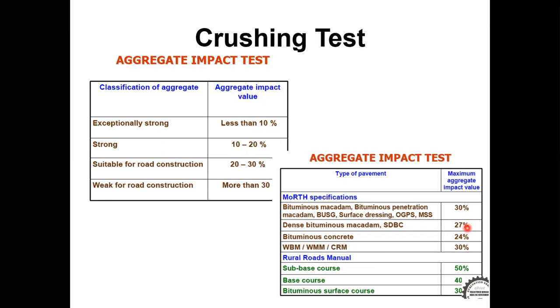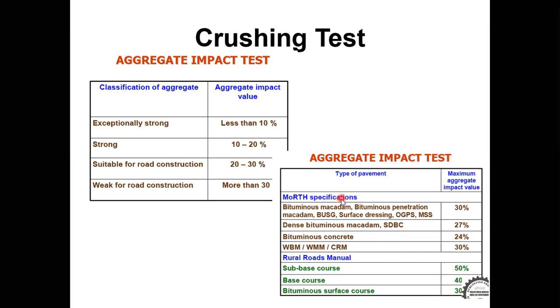Maximum 27% is allowed for dense bituminous macadam or SDBC, semi-dense bituminous macadam. For bituminous concrete, which is the topmost layer, the aggregate impact value should be maximum 24%, not more than that. And for WBM, wet mix macadam, crushed rubble macadam, CRM, all these things, maximum 30%.